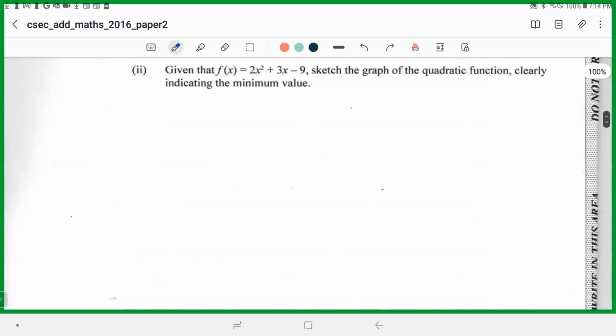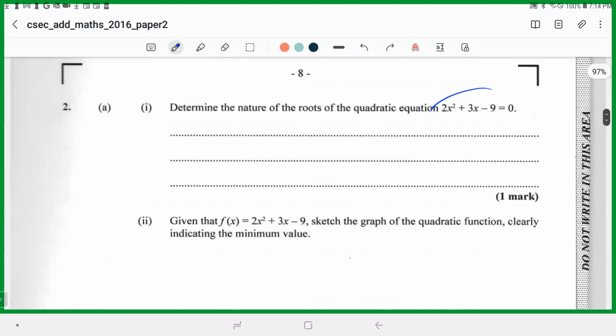So to get the minimum, I'm going to complete the square, see where the minimum is, right? This asks us for the nature of the roots. We're not going to do that yet. That is b squared minus 4ac equals 3 squared minus 4 times 2 times negative 9.